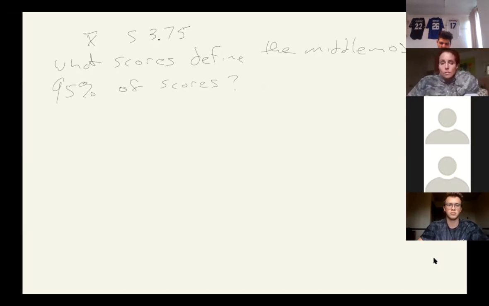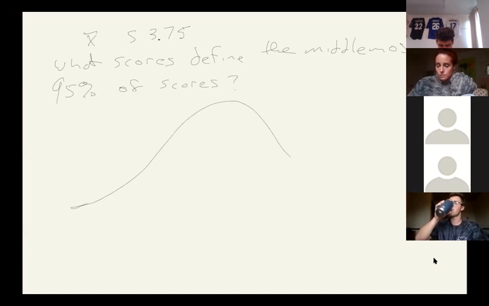We draw the picture. Now notice, by the way, this question is asking for scores. What scores do something? Not what percentage of people do something. We give you the percentage, the middlemost 95%. We need to get scores from that. So we're going to be doing things in reverse from what we're used to.